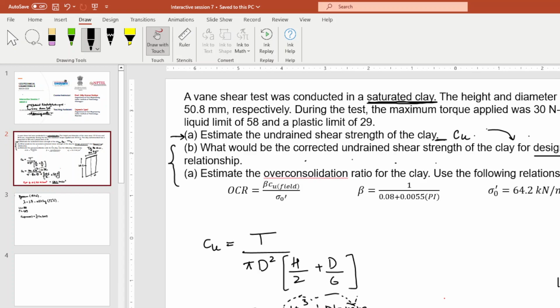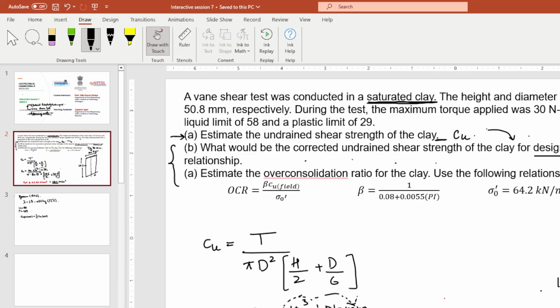So we reduce the value that we obtained from the vane shear test, because Cu will give strength to the soil. If we assume that the soil is weaker than it is, then our design will be conservative, which means that we will apply lower loads.